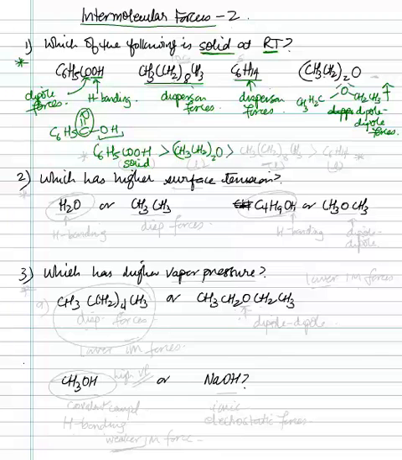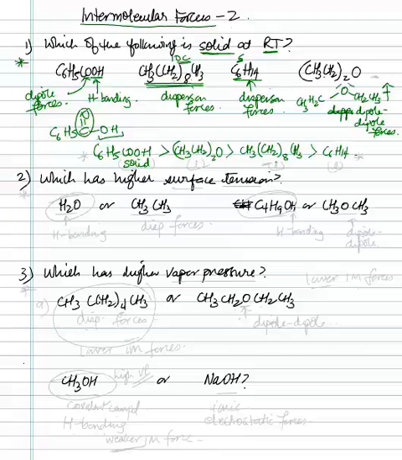The next one will be the CH3, CH2, 8, CH3, because here I have 10 carbons, meaning higher molecular weight. Here in the C6H14, I have only 6 carbons, which means a lower molecular weight. So the CH3, CH2, 8, CH3 will have higher dispersion forces than C6H14.